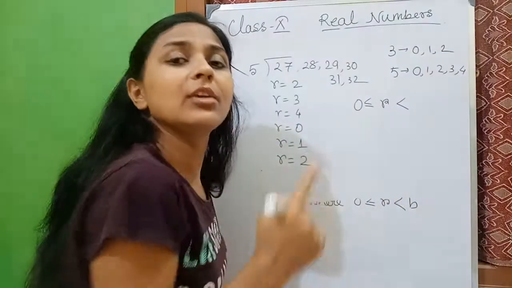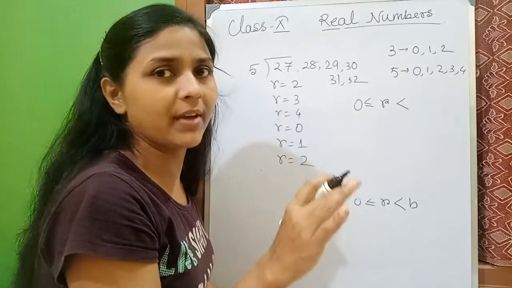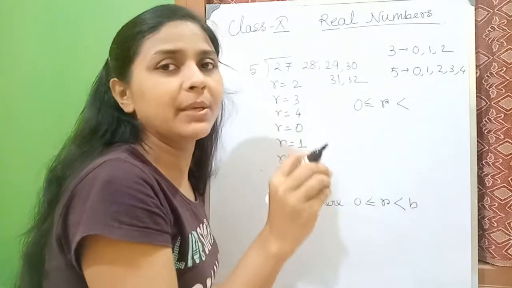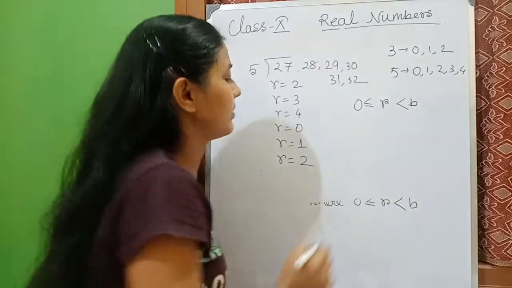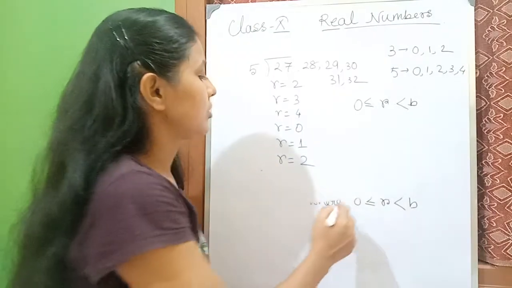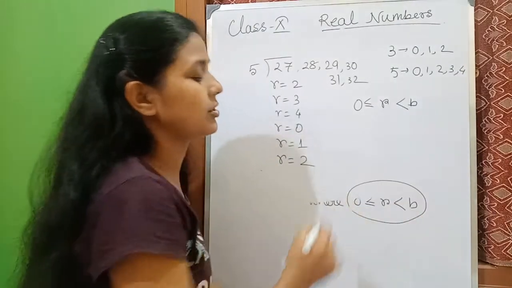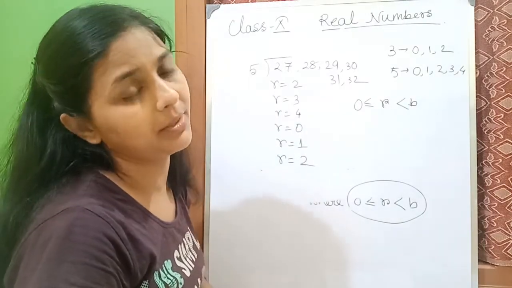It can't be equal to the divisor. At no time will it be equal to the divisor. So it will always be less than the divisor. And what is the divisor? We have taken the divisor as b. So I hope now you have understood why 0 is less than or equal to r, and r is less than b.